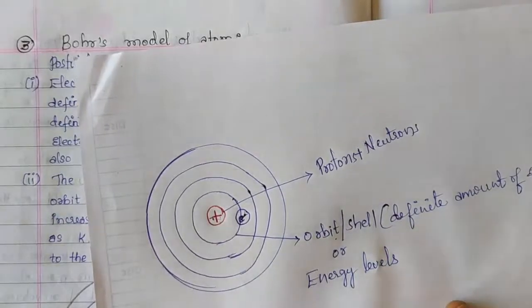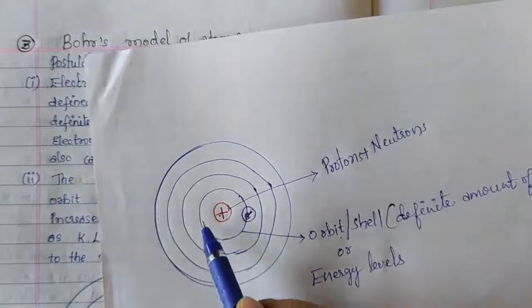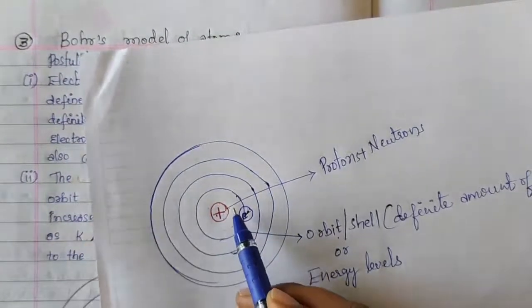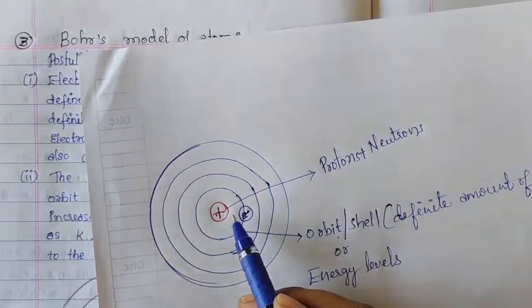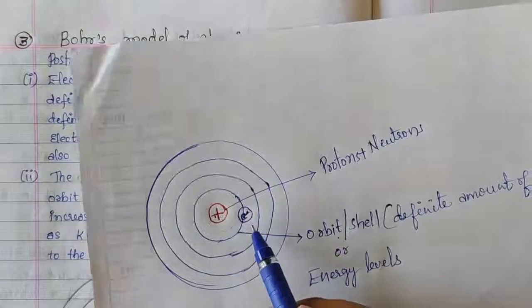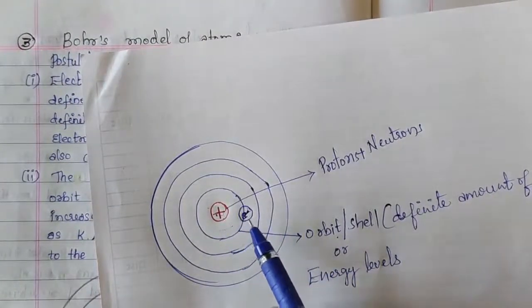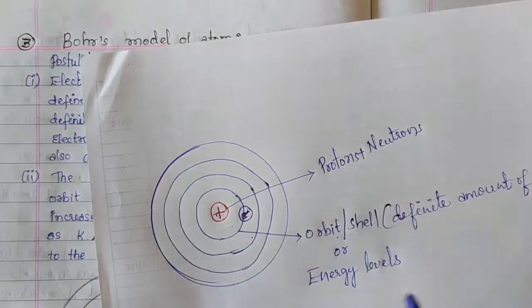Okay, this is the first postulate. Electrons revolve around the nucleus in a circular defined path, or defined orbits, known as shells or orbits. And these orbits or shells have a definite amount of energy. Therefore, these orbits or shells are also known as energy levels.